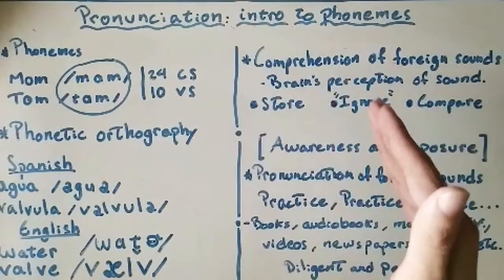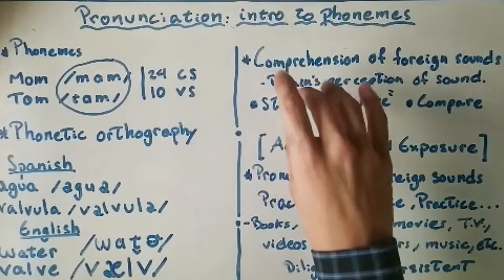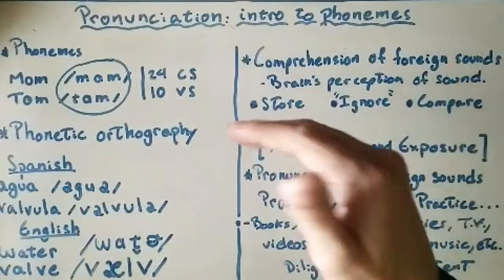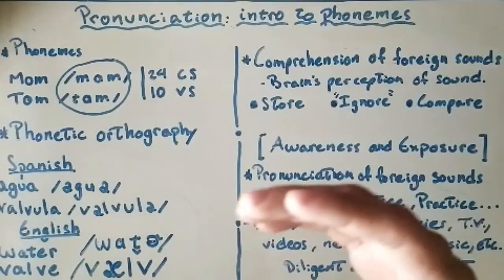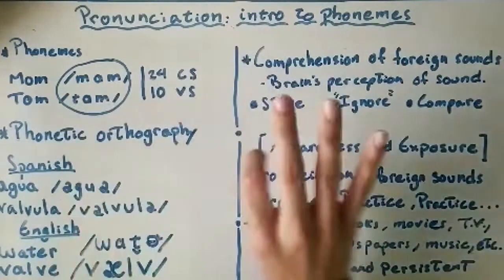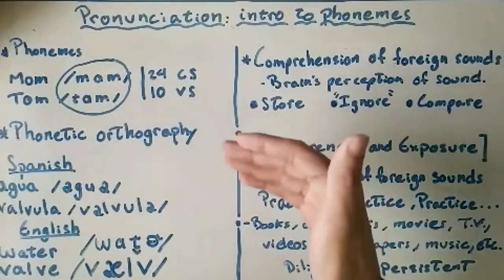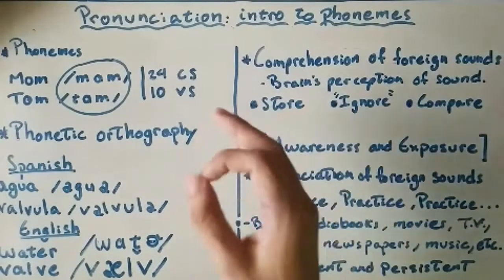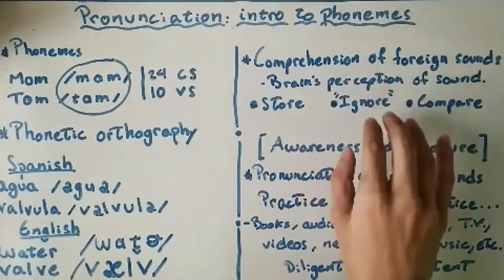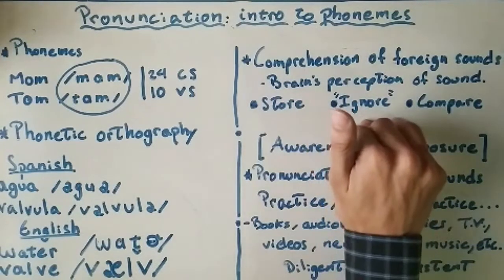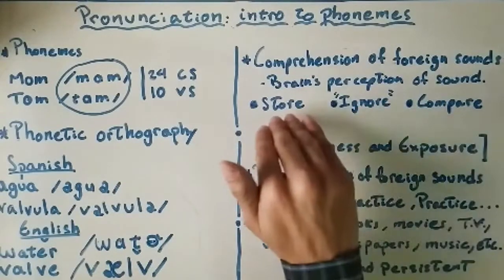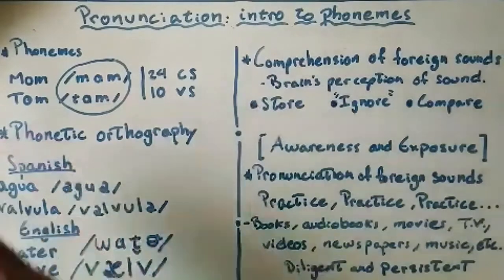Why does this happen? Because your brain stores different sounds in a very particular way, as it tries to record and store all these sounds, identify them and label them as certain sounds. So when you heard my voice, although it is a recorded voice and not exactly my real-life voice, your brain ignores this new, distorted sound and compares it to the one stored in your brain, which is basically my real voice.